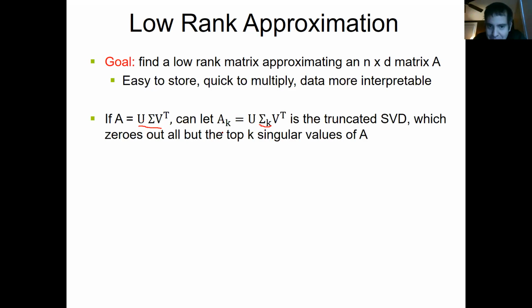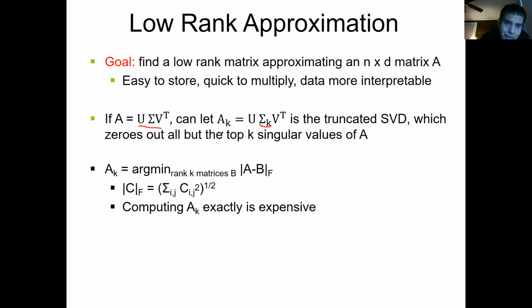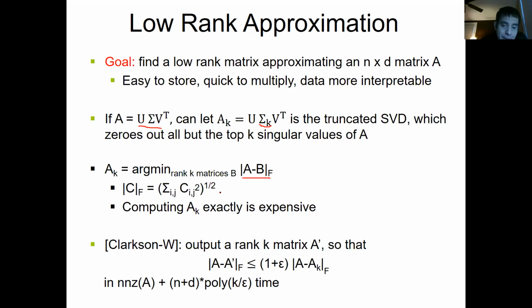As with regression, that also has a closed form solution, but it's slow. So the natural thing to ask is, can you compute a good solution quickly? We'll look at the Frobenius norm, which is the entry-wise Euclidean norm. And it turns out that you can use sketching.